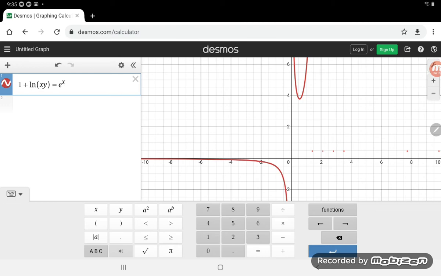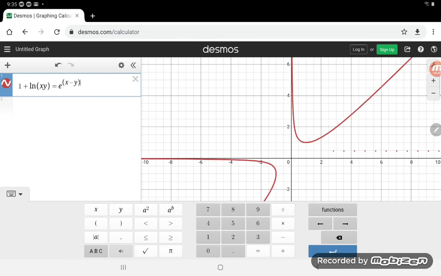We'll see if it does a minus here. Nope. Okay, so we need to go back here and do parentheses x minus y, close that parenthesis.